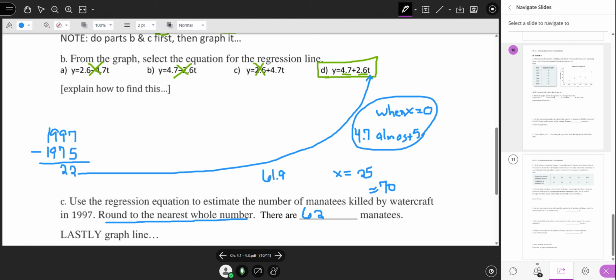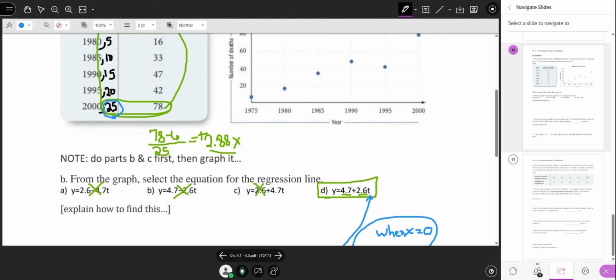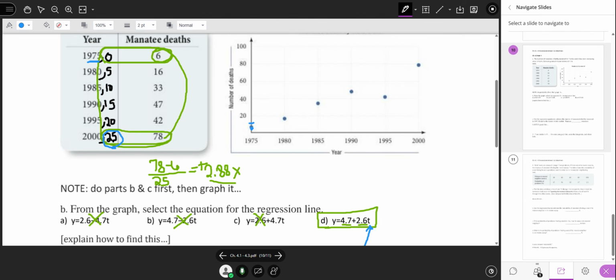Okay? So then I would go here. Right here is 10. So right about there is about 5. And then at 25 is almost 70.